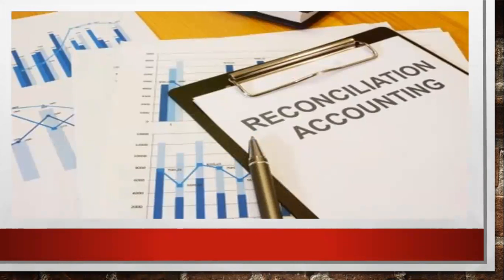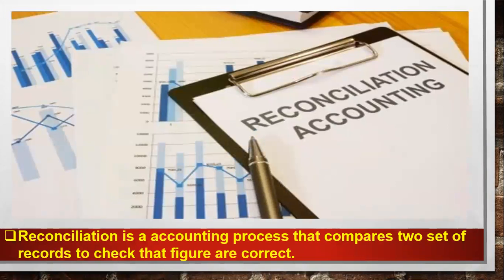So the first chapter was reconciliation. Reconciliation is the accounting process where we compare two sets of records to check whether figures are correct or not. As I told you, this is a statement, so you can assess the correctness of the financial accounting, whatever you have recorded.